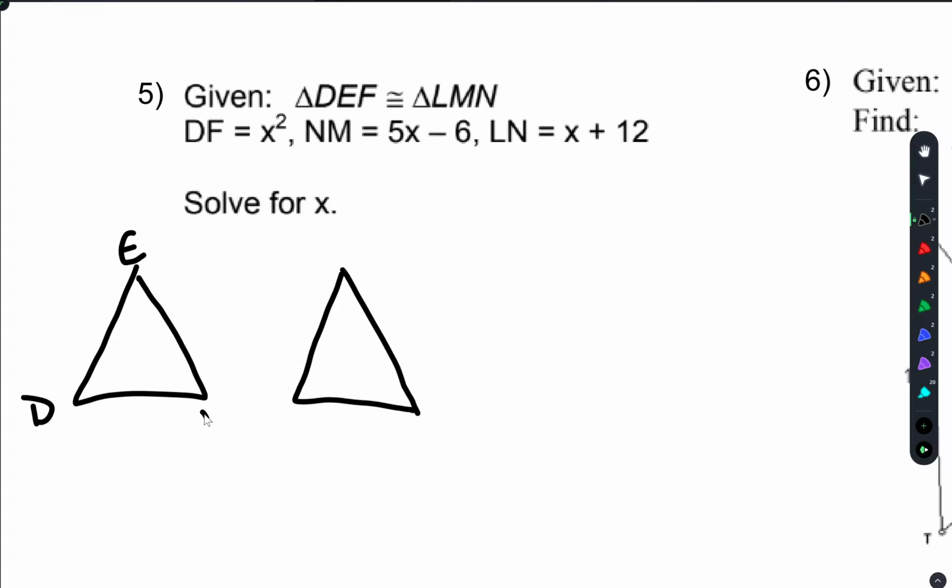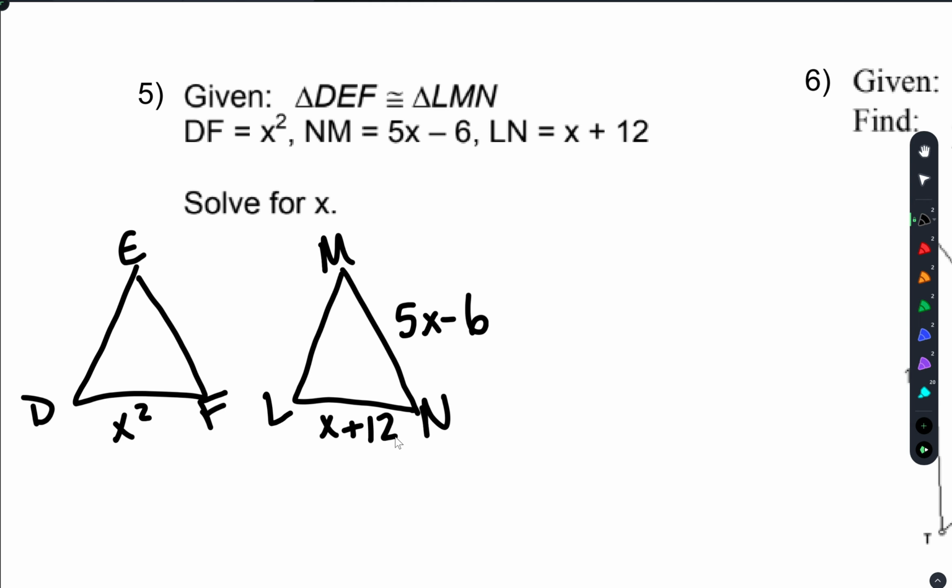D, E, F, and L, M, N. Once we have these 2 triangles drawn and labeled, hopefully we can see which pieces line up together, right? We see that? As long as we put our vertices in the same order, like DEF, LMN, we can visually see it.